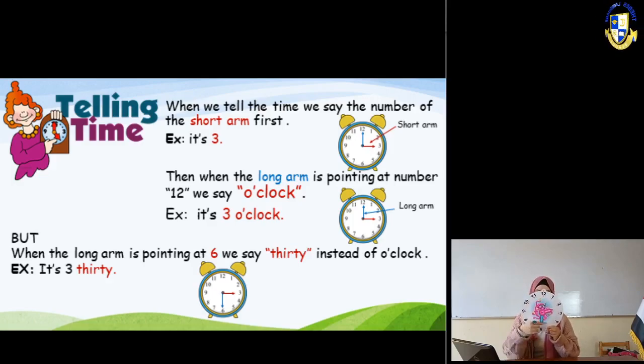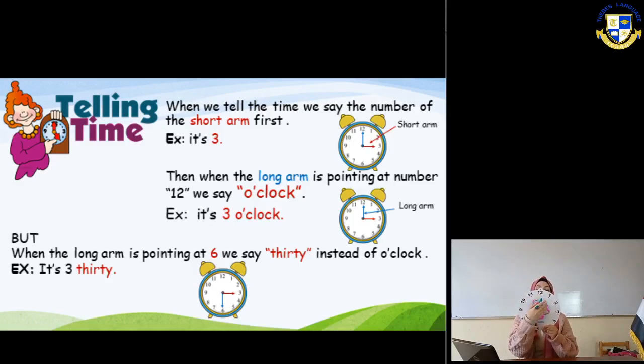When it points to 6, it will be 3:30. Like this, it's 2:30. Like this, 2 o'clock.